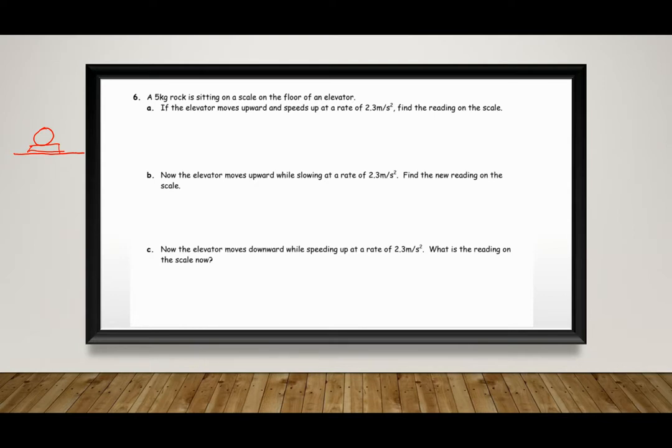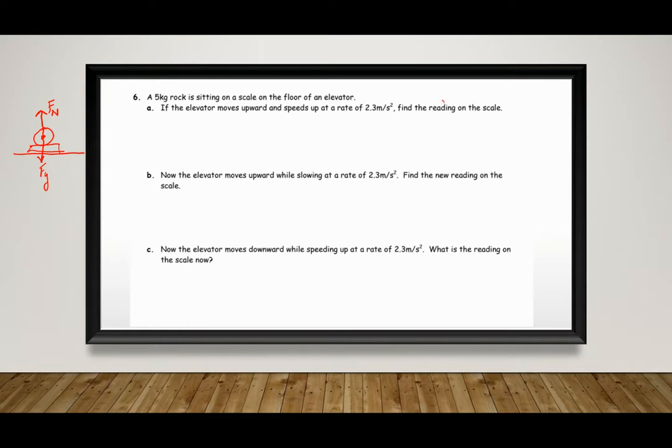Now our rock is sitting right here. When we look at this, we need to think about what the forces are that exist on this rock. So first, we have the force of gravity that's going to be directed down towards the center of the earth. Then we have the normal force or the support force, and that's the force being exerted by the scale onto the rock. And that's the actual reading on the scale.